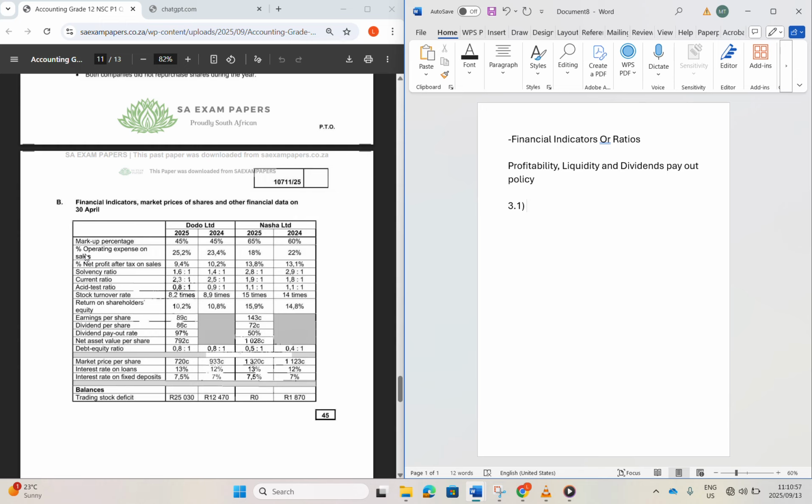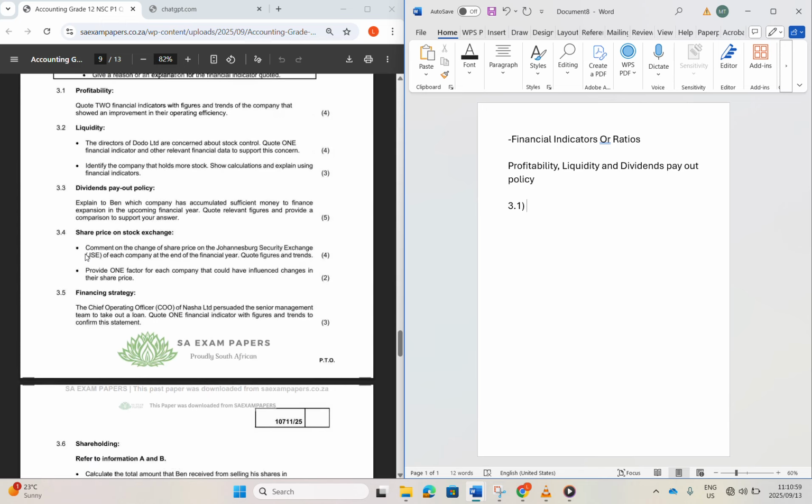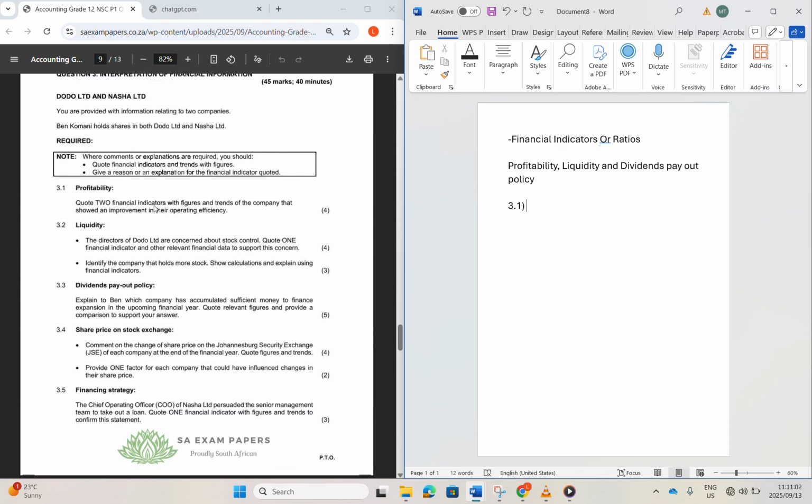So they said they want us to quote financial indicators with figures and trends of the company that showed an improvement in their operating efficiency. So when doing this topic, you have to underline the keywords. For example, showed an improvement, which means you have to talk about the good things only, the improvements only.